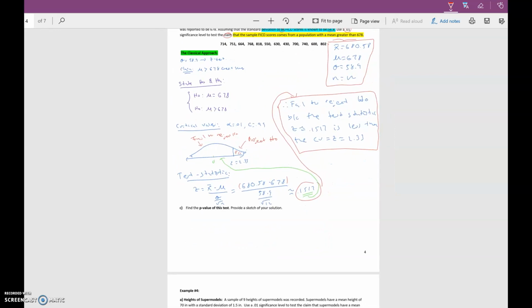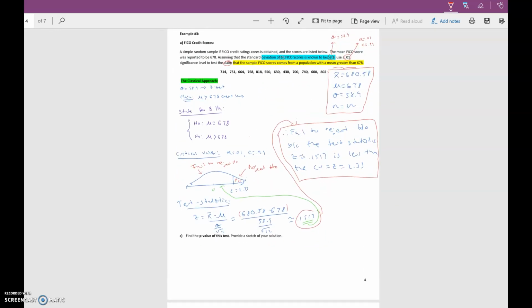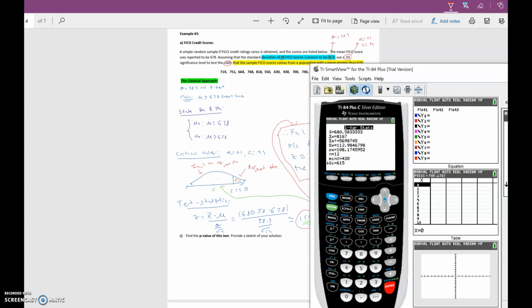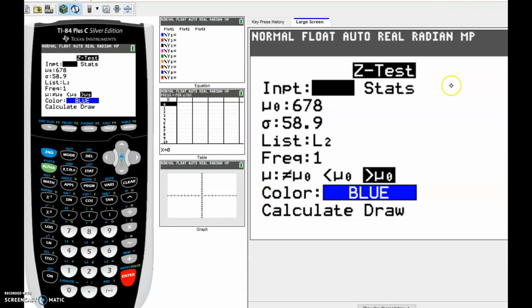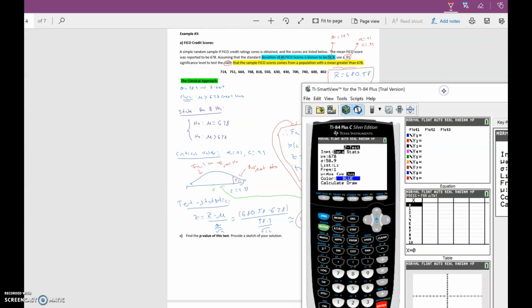Now, let me show you how to run this particular one using the shortcut. The actual command is going to be stats, then you go to test, and you activate the z-test. Within the z-test, you're activating data. Make sure you evaluate everything as given there. The mean of the population is 678. Standard deviation is 58.9.